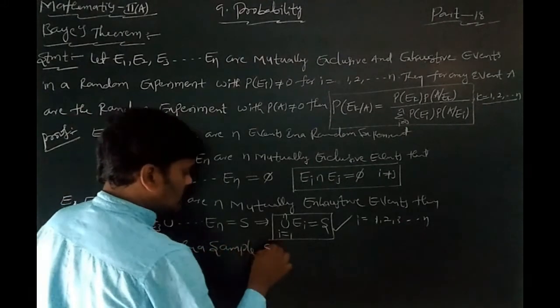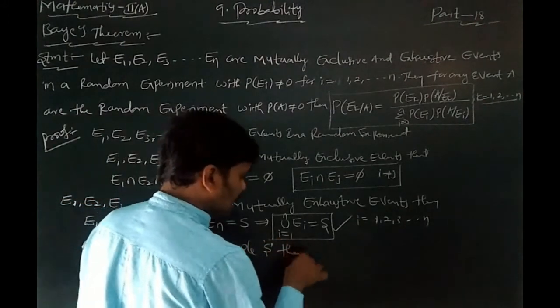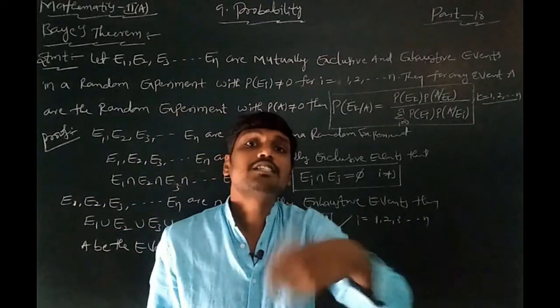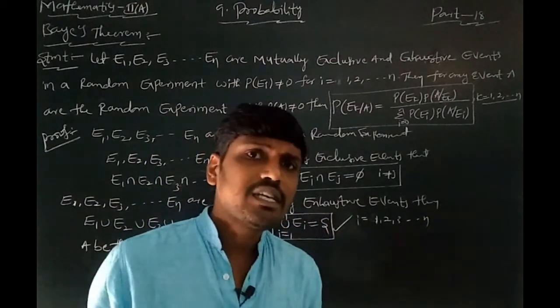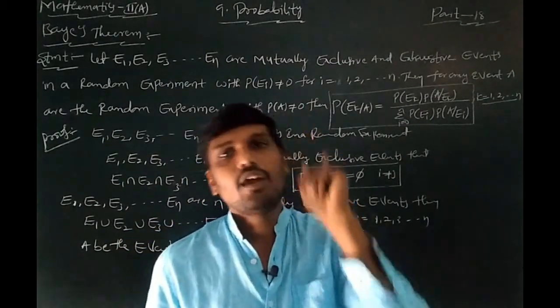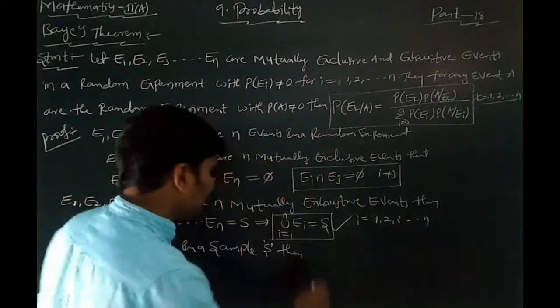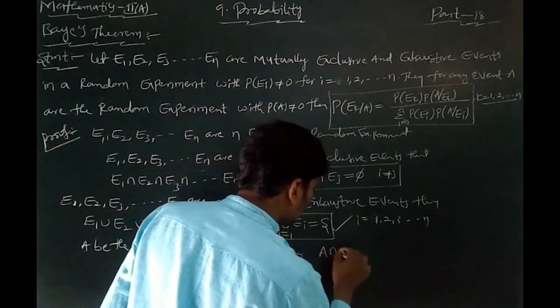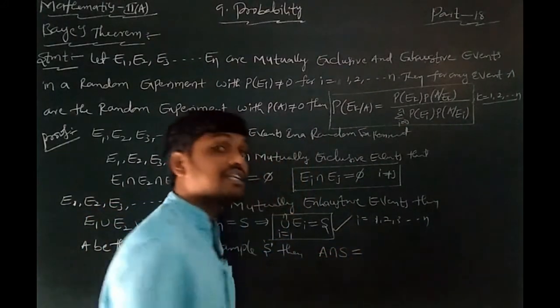In the sample space there are a number of events, and you have to take any one event A. Then A intersection S is equal to what?